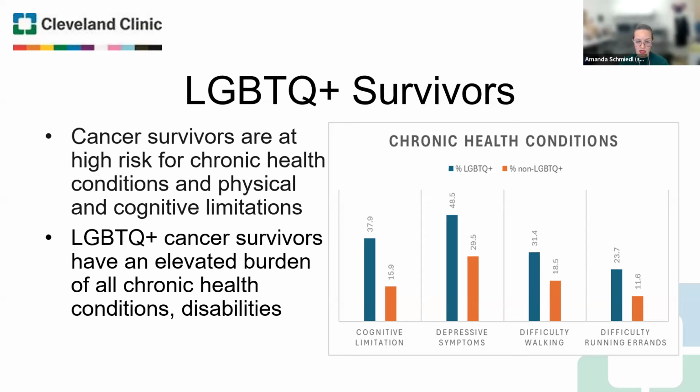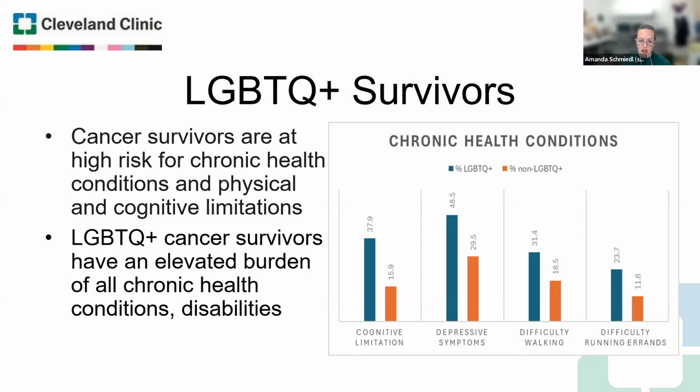This chart shows a study of 41,000 cancer survivors. 1,700 were LGBTQ plus. And of those, the LGBTQ plus survivors had significantly higher age-adjusted prevalence of all outcomes.